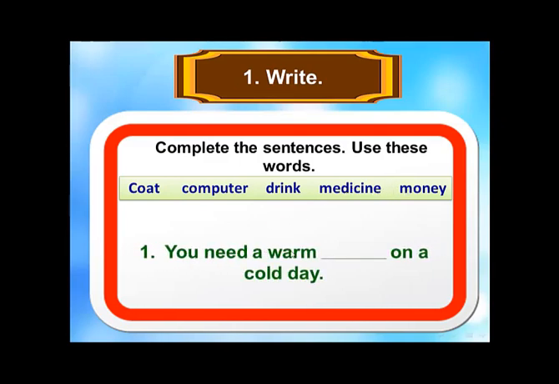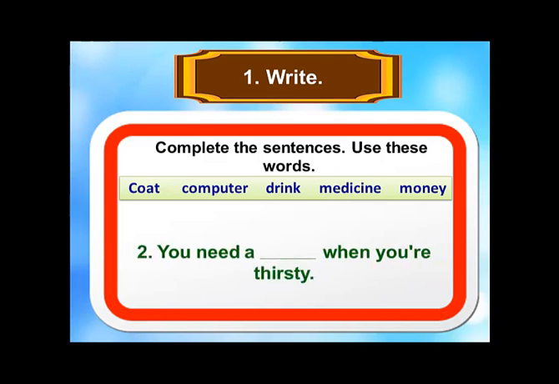You need a warm space on a cold day. What should we put on the space here? Because we have you need, تحتاج a warm, yes, coat on a cold day. تحتاج معطف دافئ في يوم بارد. That's it.